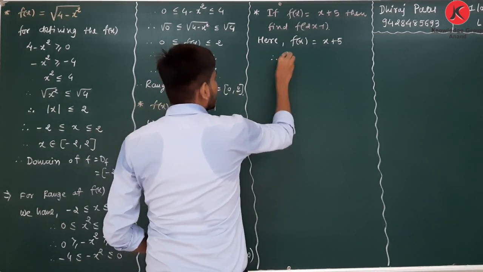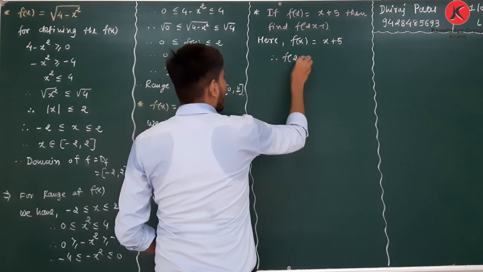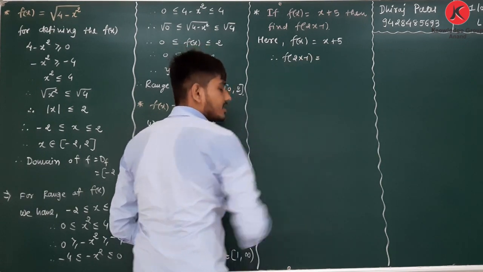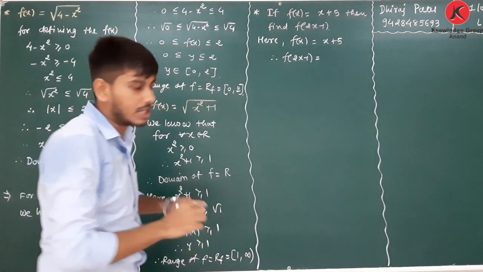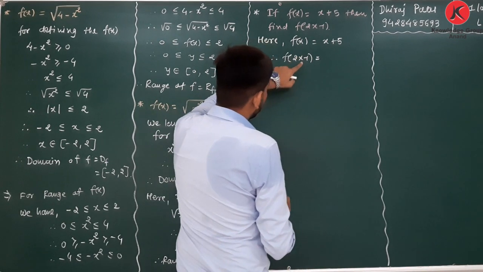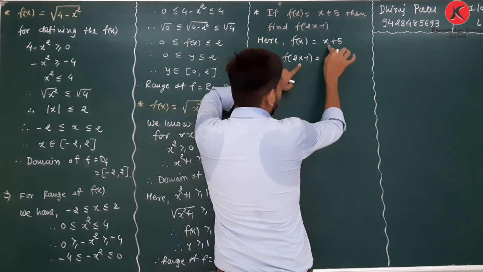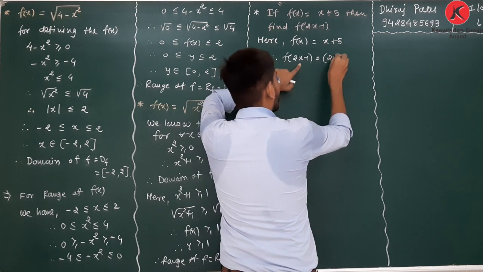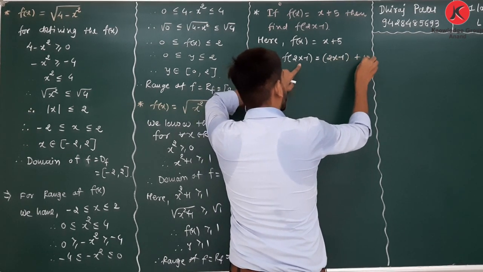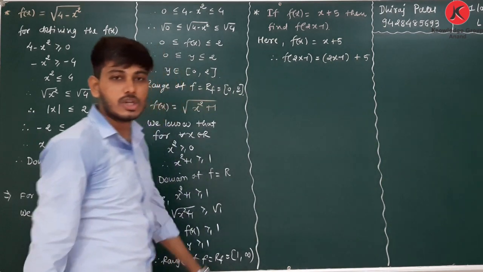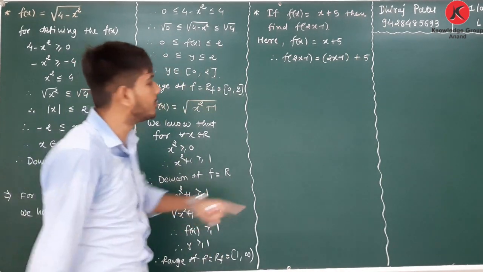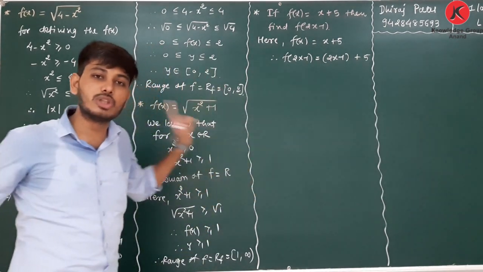Therefore I am getting f of 2x minus 1 equals, in place of x, what will you replace? 2x minus 1. Where do you see x? On the right-hand side, wherever x appears, replace it with 2x minus 1, and plus 5 as it is. We have to replace x only by 2x minus 1, everything else is taken as it is.